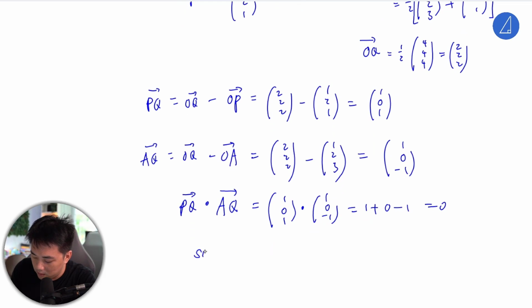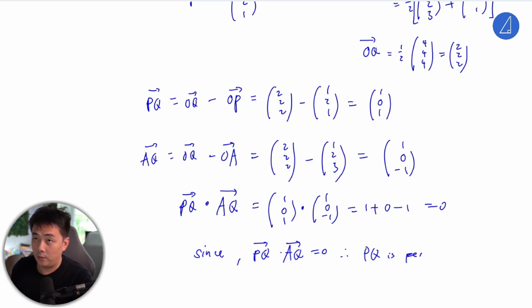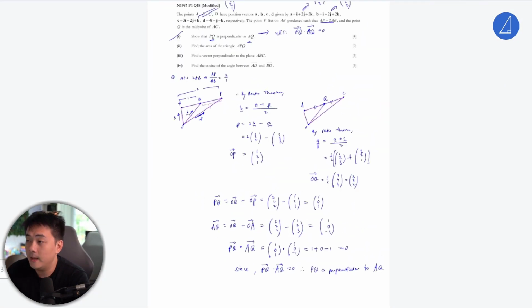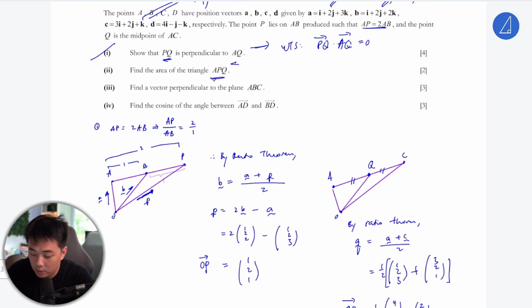Since PQ dot AQ equals 0, PQ is perpendicular to AQ. That's it.